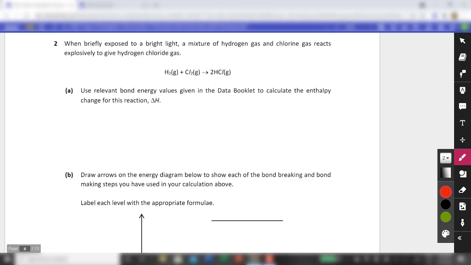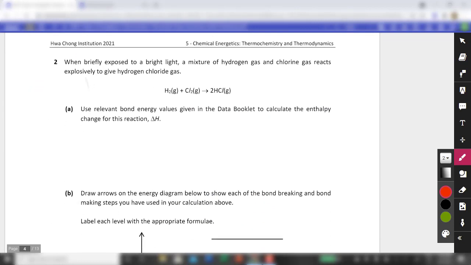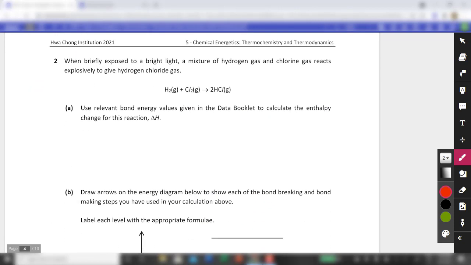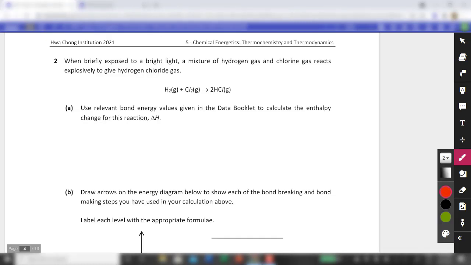So, remember earlier on, what did we do? What we did was we break all the bonds to get the gaseous atoms, right? That's the earlier part. So shall we do the same here? So if we do the same here, I'm going to go to the data booklet, and then H2 is 436. So I'm just going to point downwards to get me 2H gaseous. Okay, that's 436.